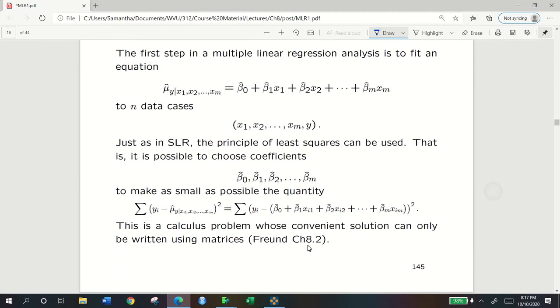And so the first step in a multilinear regression analysis is to fit an equation. And our equation is going to be a nice extension of our simple linear regression.